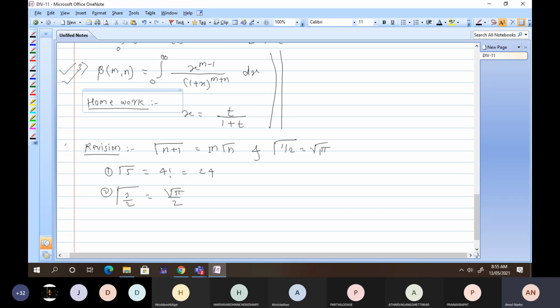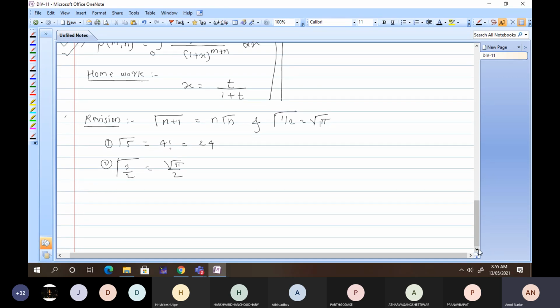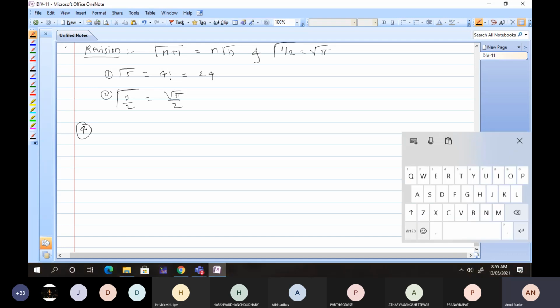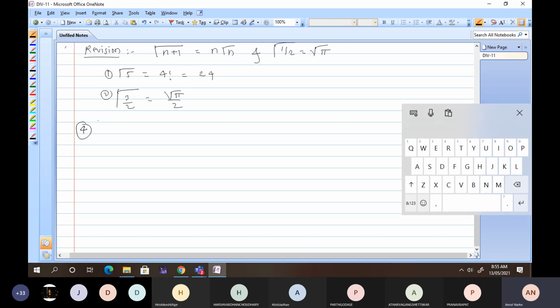We have the most important one, the relation between beta function and gamma function. You can write it down as a property. So write down the relation between beta and gamma function. What is that relation?